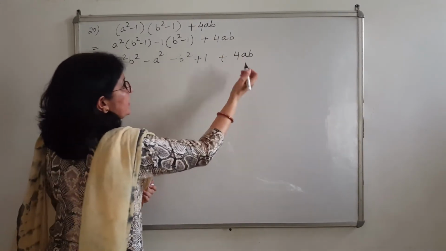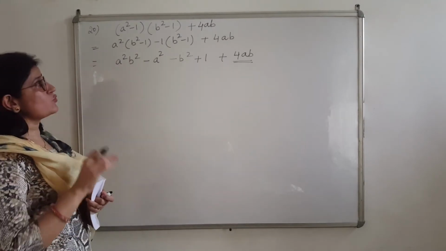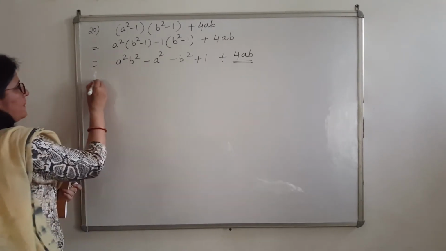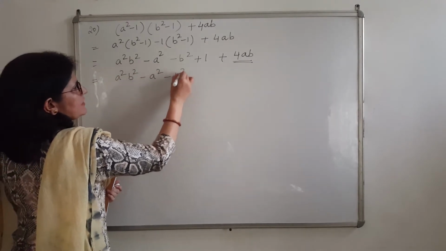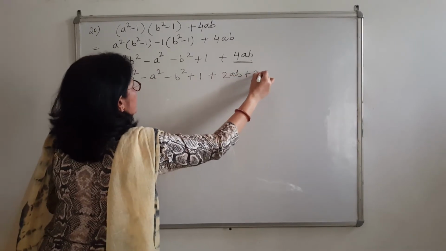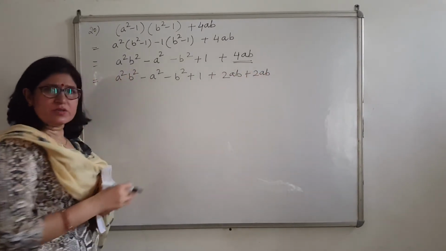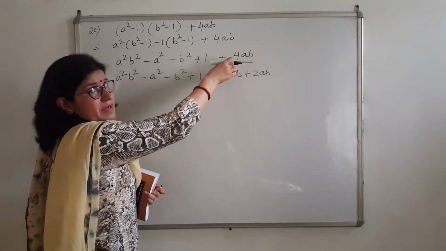In the next step, we will take this term and divide it into two parts, 2ab and 2ab. A square b square minus a square minus b square plus 1 plus 2ab plus 2ab. Is the value changed? No, because again when we add, we are getting the same number for ab.